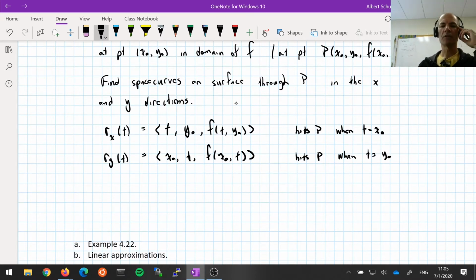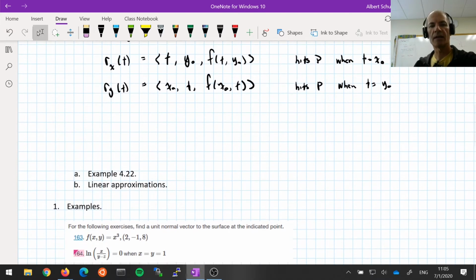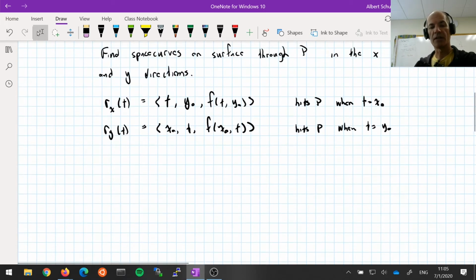So these are two different space curves. Now remember that we can get our hands on tangent vectors to space curves by differentiating the space curve with respect to the parameter t.